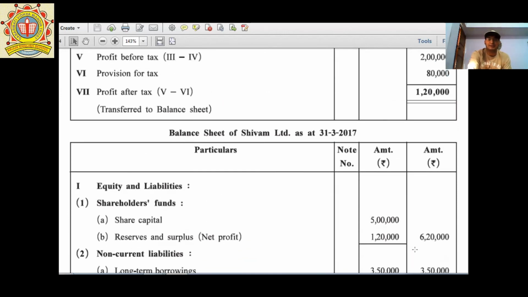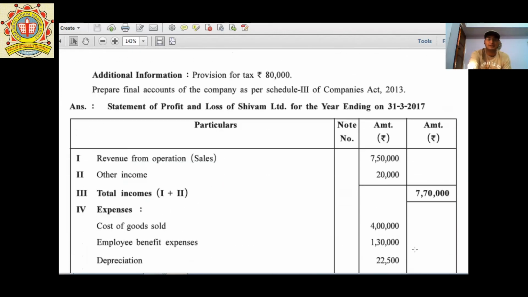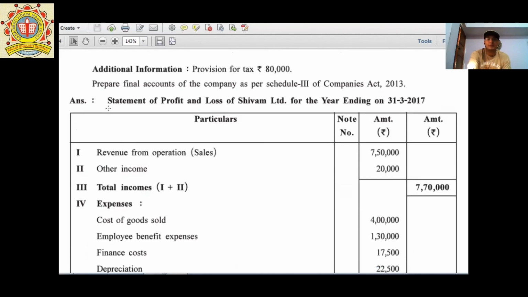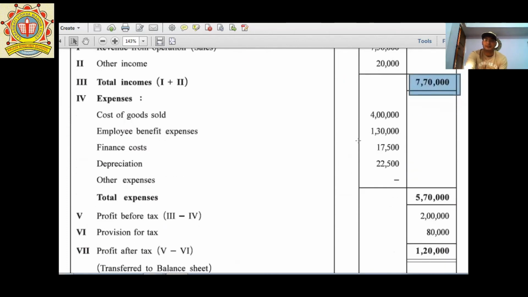After completion of the entire sum, now we have to simply do the totals. First, in the statement of P&L account, the total of income in the second column is 7,70,000. Then the list of expenses, total of all these expenses is 5,70,000, and the difference is profit before tax.